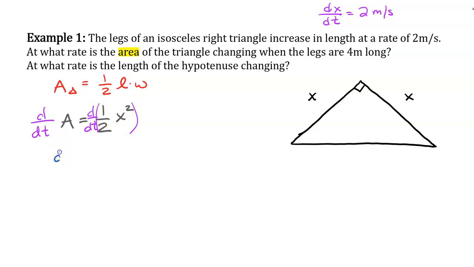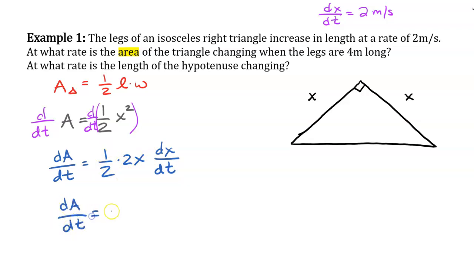So this will give me the area with respect to time, and, well, formula 1/2 x, 1/2 times 2x dx/dt. 1/2 times 2 disappears, so I have this lovely formula.